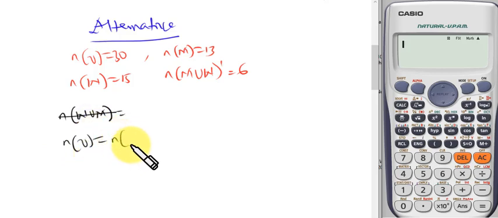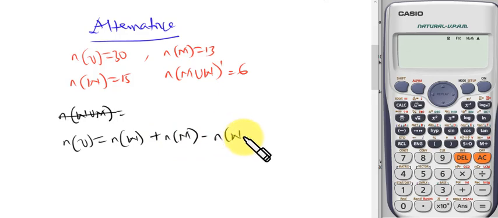So the number of students in woodwork and the number of students in metalwork minus the intersection, woodwork intersection metalwork, and of course because we have complements too, I have to add that one too. So that's going to be the number of students in woodwork union metalwork or complement. So this is going to be the entire equation here.